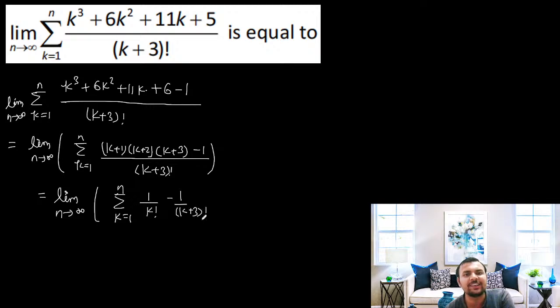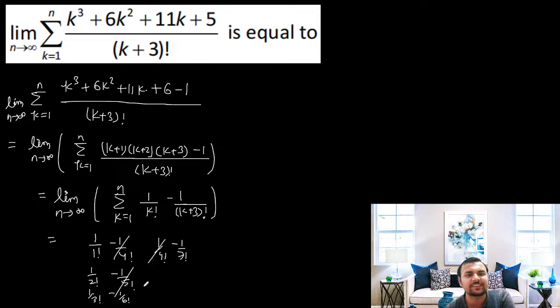So this is a JEE Advanced question. For k equal to 1, 1 by 1 factorial, 1 by 4 factorial; 1 by 2 factorial, 1 by 5 factorial; 1 by 3 factorial, 1 by 6 factorial. If we go further, it is 1 by 4 factorial, 1 by 7 factorial. You will find that this has started cancelling.